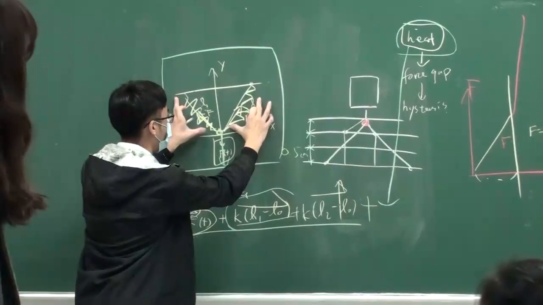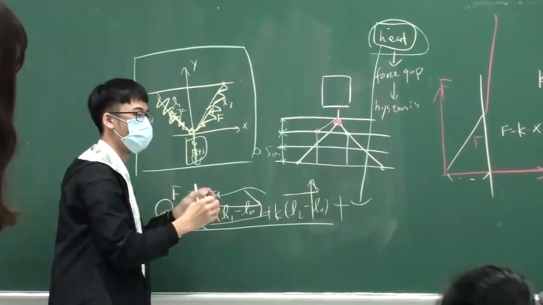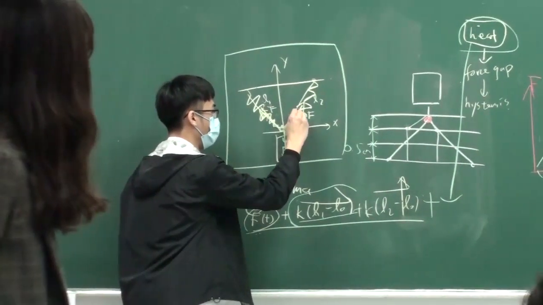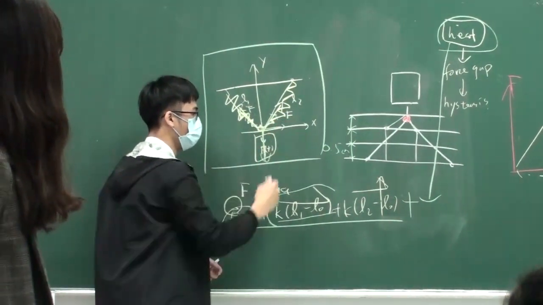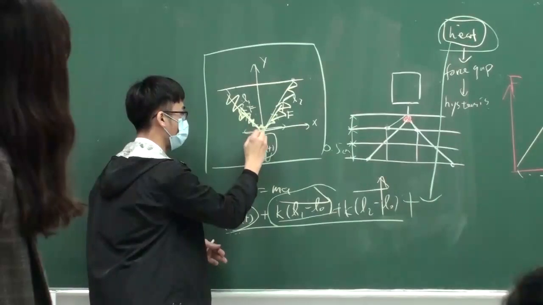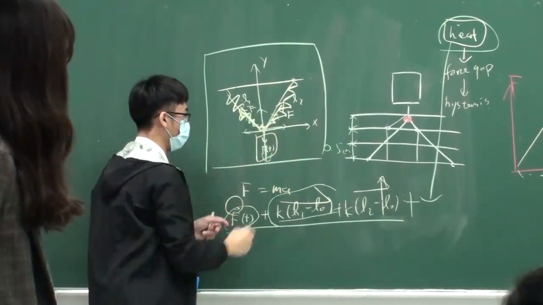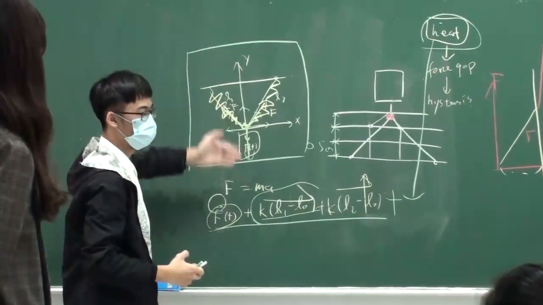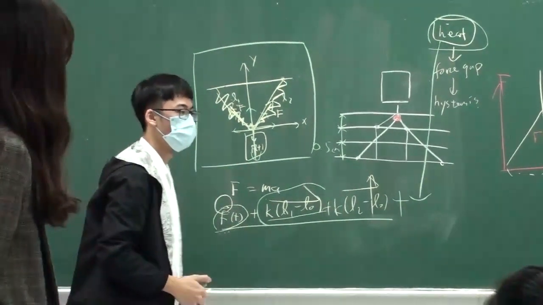The two springs are the same, so the force from the springs is the same, and its horizontal force is the same. So we control the ball in a vertical motion. Well, as you expect, it's not limited.